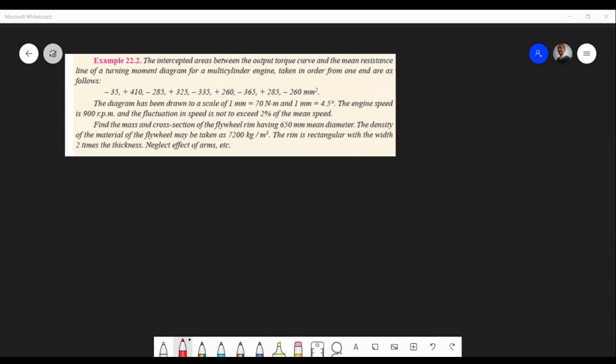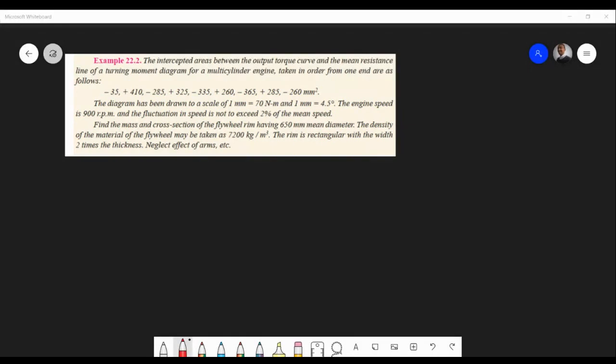We're going to do this one, and then come back and complete. We'll do the 4-stroke, and then probably 2 advanced examples. We're getting there. Just be patient. Let's quickly solve this.